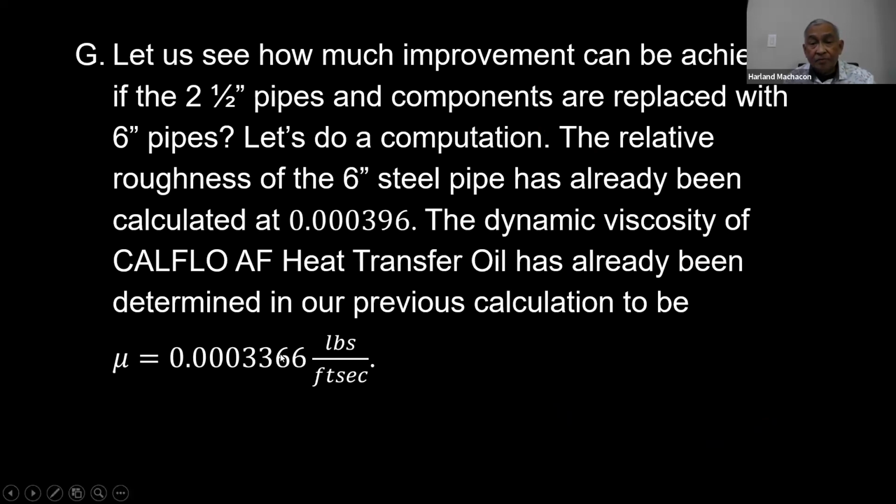So we will determine the head of this run of pipe by changing this 2.5-inch to 6-inch. See what will happen. The relative roughness of a 6-inch steel pipe was already computed at 0.000396, and the dynamic viscosity was also calculated in our previous step to be 0.00033366.